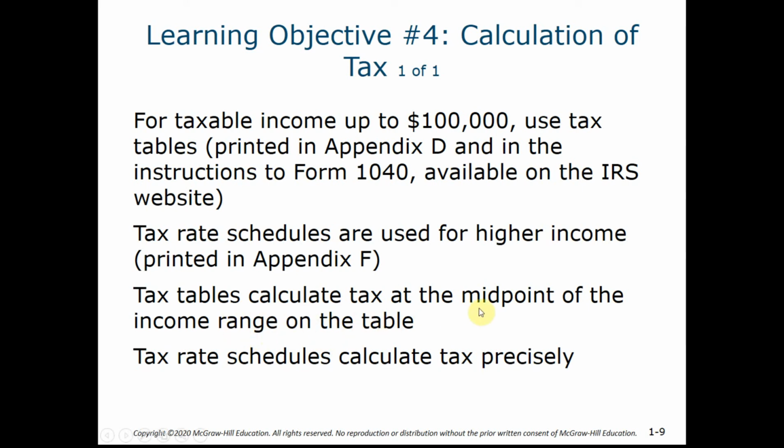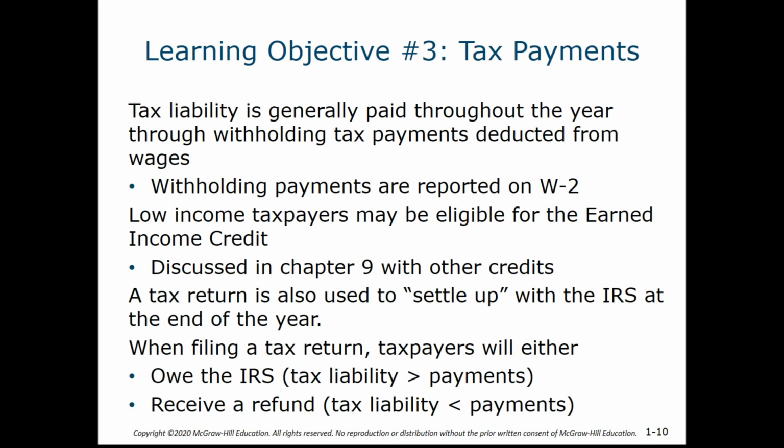The tables will put you at the midpoint of what you would have calculated using the tax rate schedules. And it is true that the tax rate schedules, because you're doing the math, calculate the tax a little bit more precisely. But as we said earlier, either method is acceptable by the IRS.